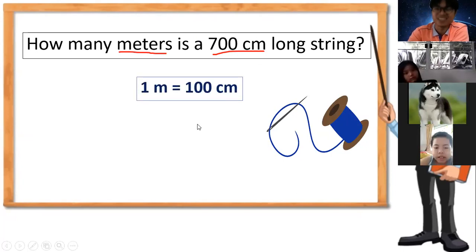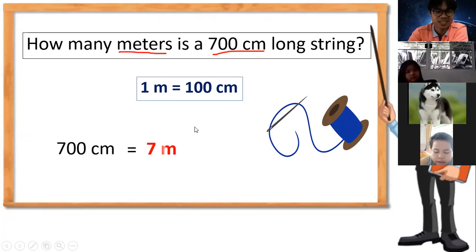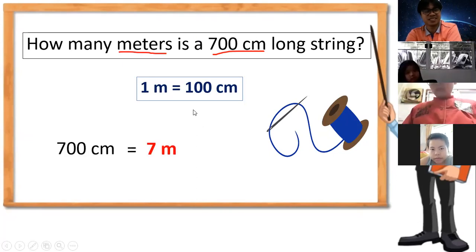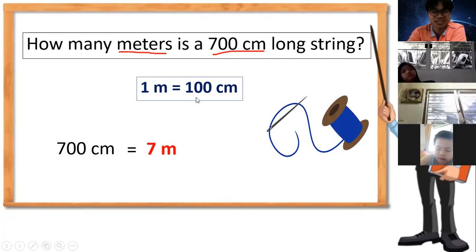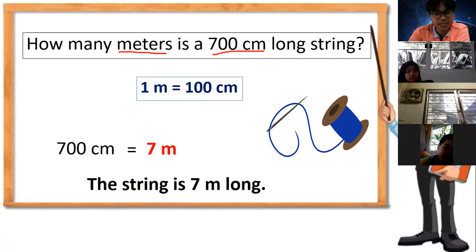Okay, very good. Very easy, right? 7 meters because 700 divided by 100. The string is 7 meters long because we are asked how many meters in 700 centimeters of string.